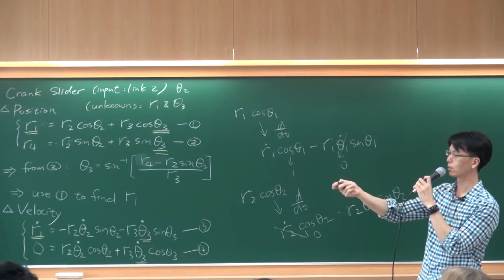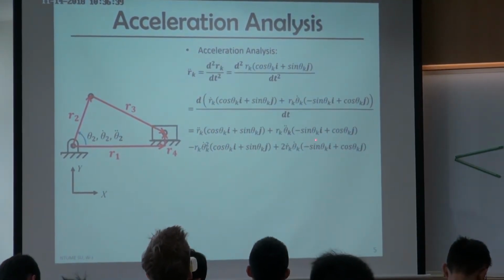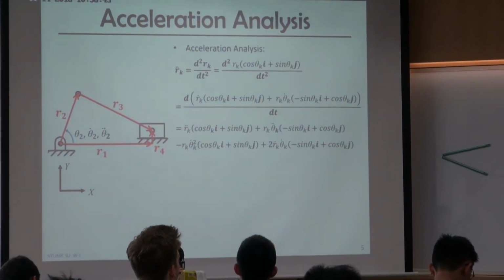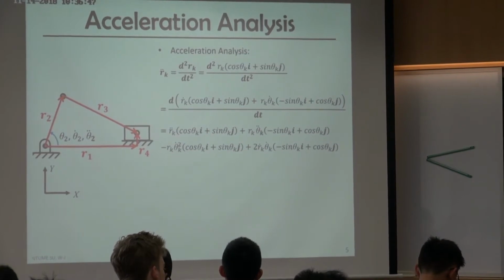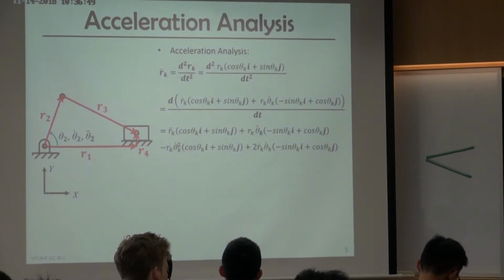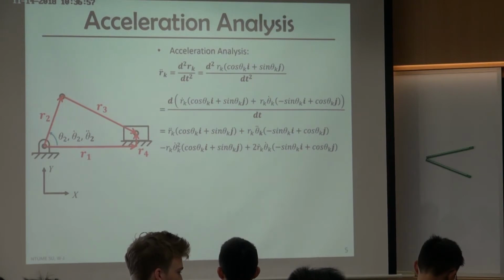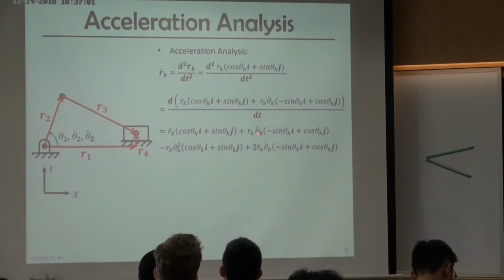Doing it twice, eventually you get these four terms. We actually did this before, if you still remember, in the graphical analysis, where we said that acceleration may have at most four components: sliding, Coriolis, tangent, and normal. So here it is the same thing. We obtain these four terms.